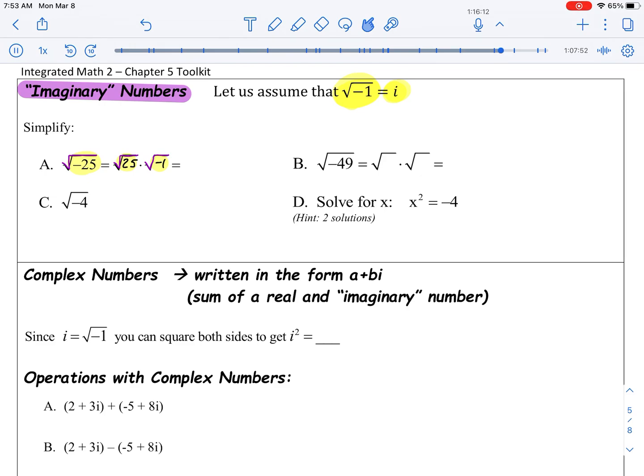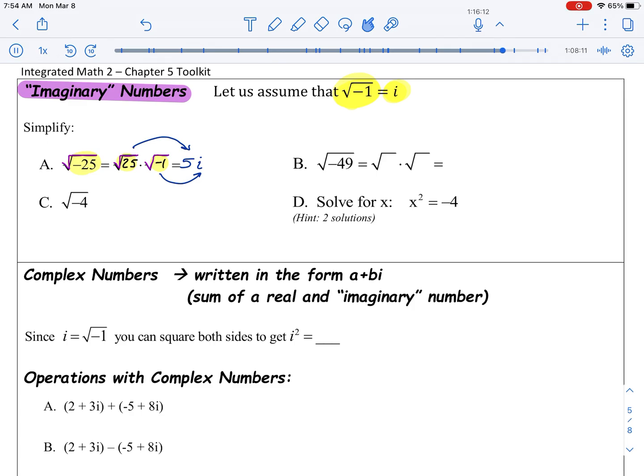This means that the square root of 25 gives me 5. And the square root of -1 equals i. So my answer is 5i.